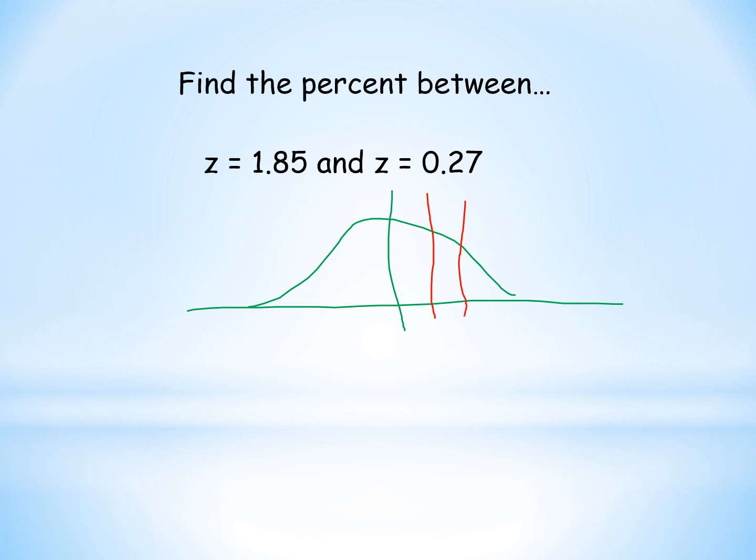So 1.85 might be here somewhere. And 0.27 would be a little bit above here. So it's like saying finding what's in between. How many are going to be in this blue area, if you will? That's what this question is asking you.